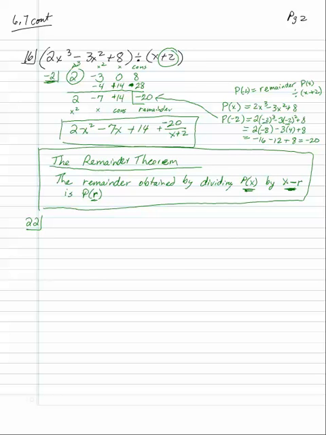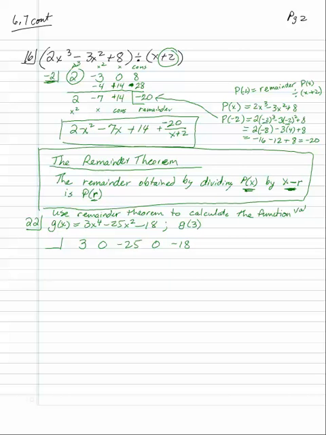So if I want to use the remainder theorem to calculate g of 3, remember that you've got to put it in descending order: 3x to the fourth, 0x cubed, minus 25x squared, 0x, minus 18. And this sign's already changed, so you just put 3 here, not negative 3.